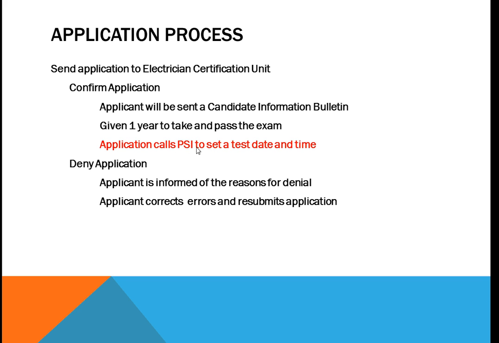There'll be a number to this business here, and they will call and set up their own test date and time. If they're denied, reasons for denial will be listed on their letter, and the applicant will be given some time to correct the errors and resubmit the application.